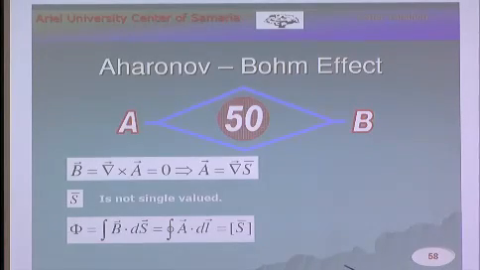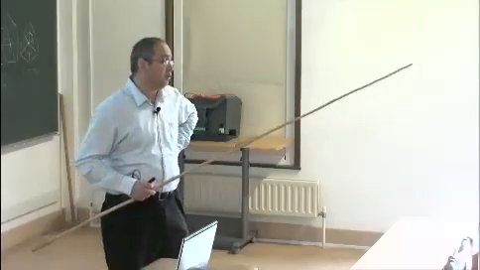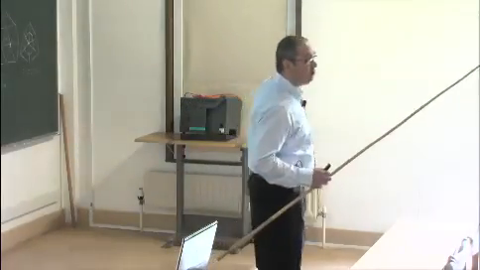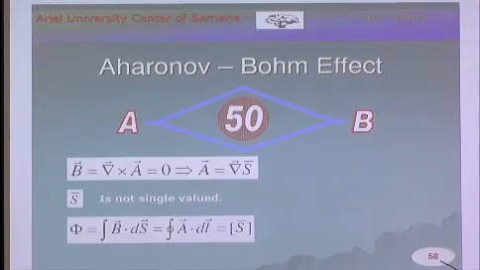They can go above or below, but when they reach the point B, you have some interference pattern, and this is a very unique quantum effect, or is it? Let's look at the magnetic field outside the confined region.